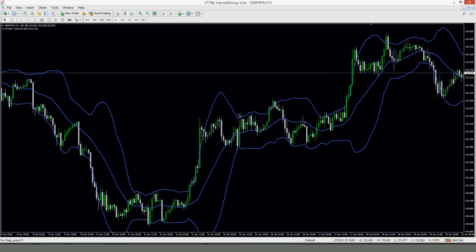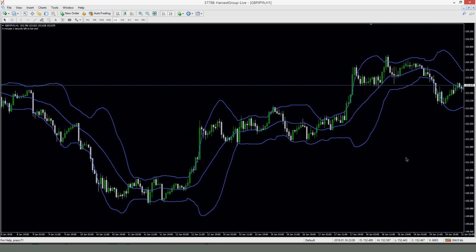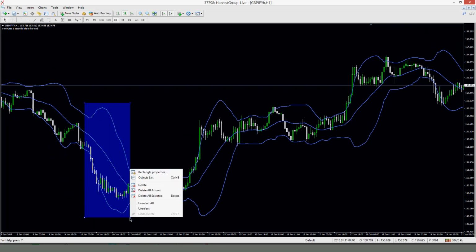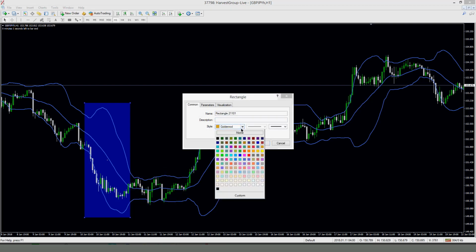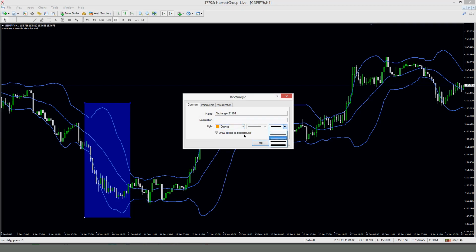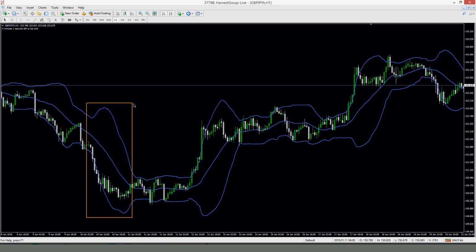Here is a very good example of the two types of Bollinger Band. Over here we have the momentum Bollinger Band. How do we know this is a momentum Bollinger Band?